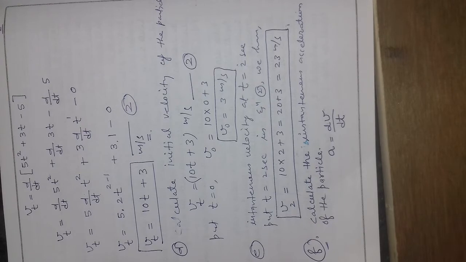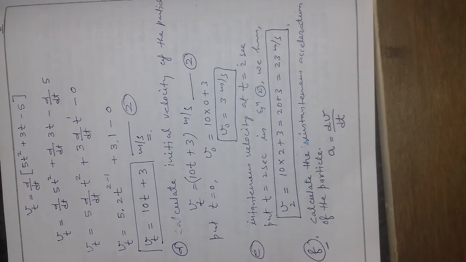So this is 5 d over dt t square plus 3 d over dt t, and d over dt 5 is 0, because I have stated earlier d over dt c is equal to 0, where c is a constant term.